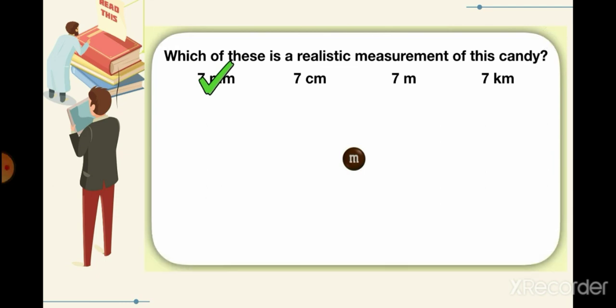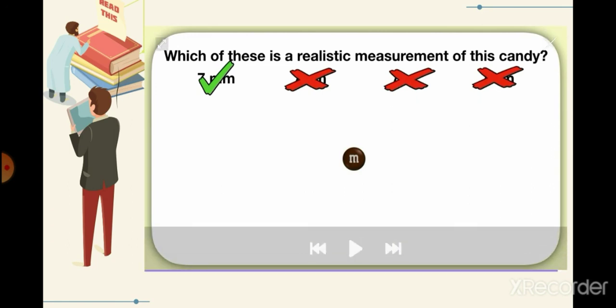That is too big. And 7 meters and 7 kilometers are also too big. So 7 millimeters is a realistic measurement of this candy. We can say that this candy is about 7 millimeters thick.